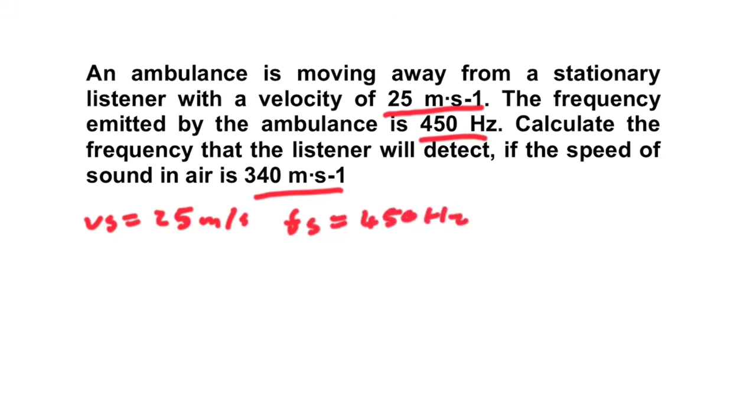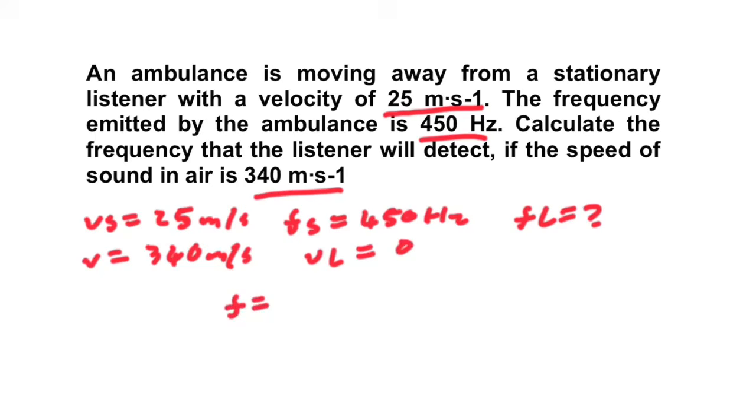Calculate the frequency detected, so we want FL, and then the speed of sound in air is 340 meters per second, and our listener is stationary, so VL is equal to 0. Right, our ambulance is moving away, so we're going to have FL equal to V plus or minus VL divided by V plus or minus Vs multiplied by Fs.